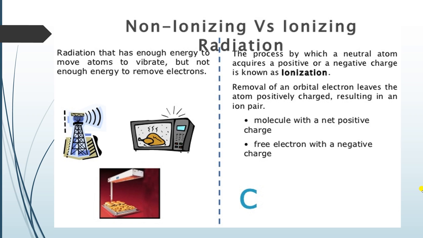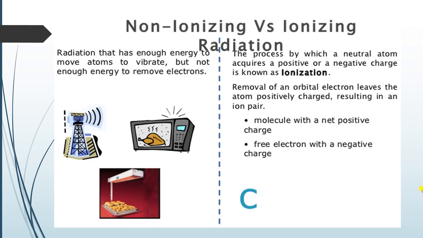In the case of ionizing radiation, the process by which a neutral atom acquires a positive or a negative charge is ionization. It means a neutral atom can gain a particular charge, positive or negative, caused by the particular energy. Ionization involves the removal of an electron from the orbital, as we know with K, L, M orbits, or SP hybridization, 1s, 2s, 2px, 2py, 2pz. One electron is removed and the atom carries a positive charge.